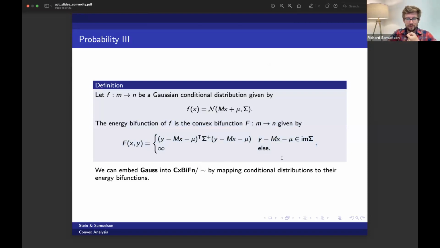If we map conditional distributions to what we call energy functions, and I'm taking this term from statistical mechanics, you can embed Gauss into the category of convex bifunctions, quotiented by constant shift. So this category is the category of convex bifunctions plus or minus some constant. And this sort of quotient is respected by both the Legendre transform and composition.